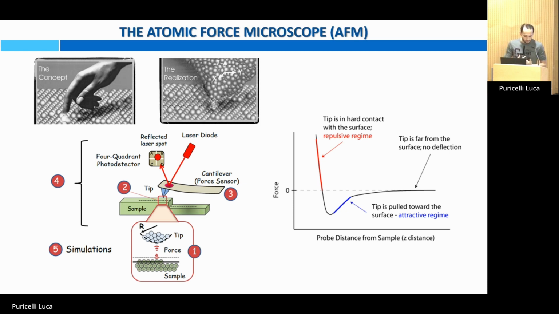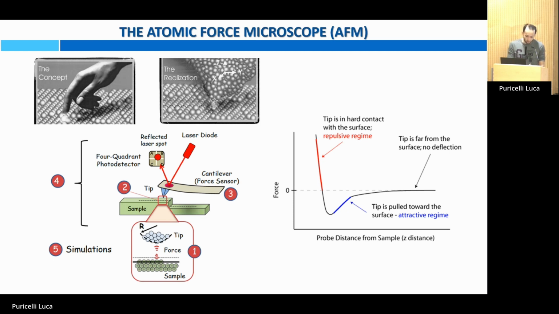Practically, how this nano finger is realized: it's a very sharp tip whose height can be several microns, also 10, 12 or more microns, but the important part is the apex of the tip. The atoms at the apex of the tip interact with the surface of the sample, and they feel the force between the sample and the tip.